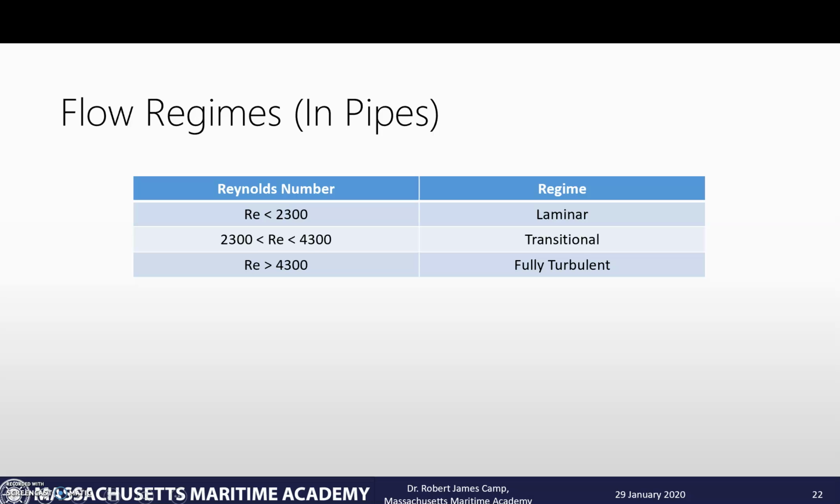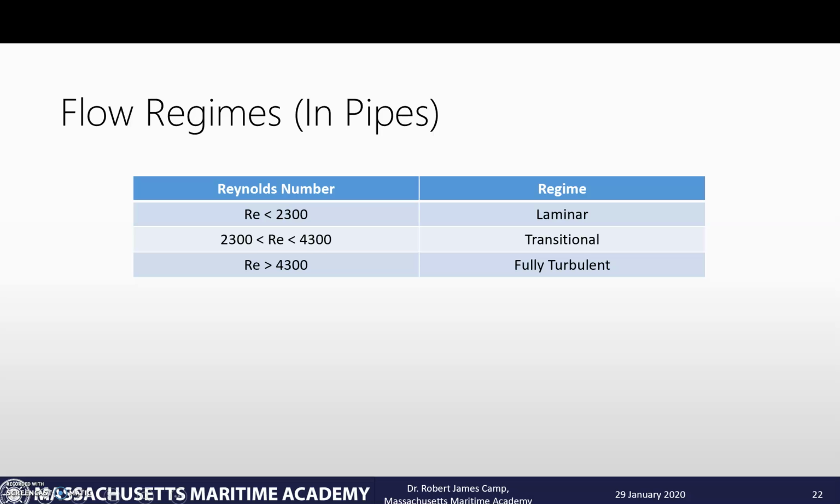Depending on the book that you look at, it could be as low as 2000, it could be as high as 2500, but in that general area is laminar flow. Anything above 4300, we call fully turbulent flow. Now, once again, depending on the book, it can be anywhere from 4000 to 4500. That area between 2300 and 4300 is what we call transitional flow.